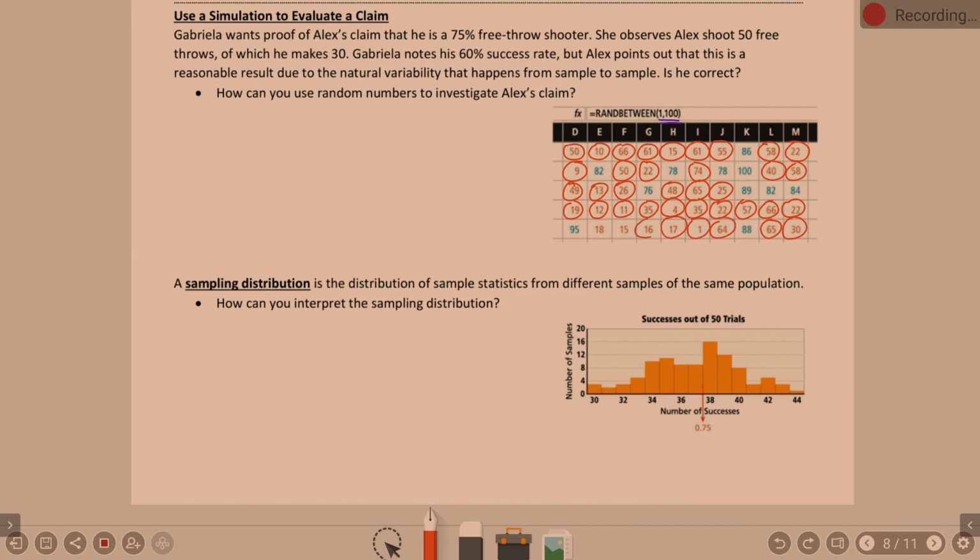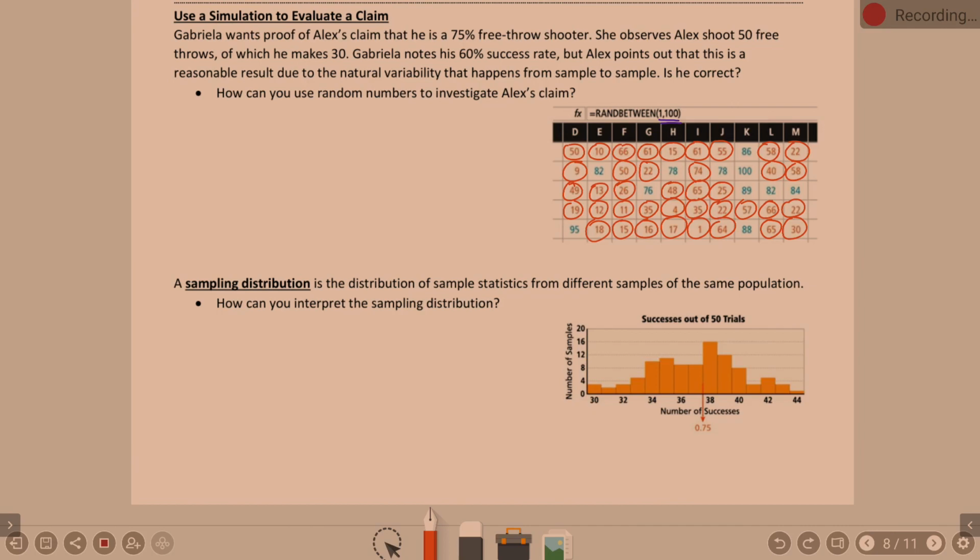Now, did anyone happen to count how many times I just circled? 1, 2, 3. It's 4 in every row except for 2. 11, 39. I think 39 is what I had. Okay, so what is this simulation saying?